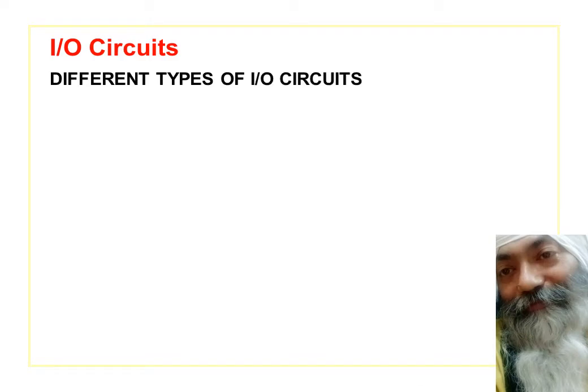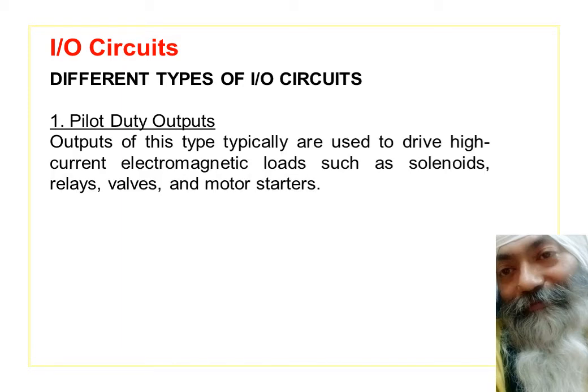We have different types of input output circuits, and the first one is pilot duty output. This pilot duty output is specifically designed for the circuits having inductance, like a solenoid valve or some kind of motor starters and so on.